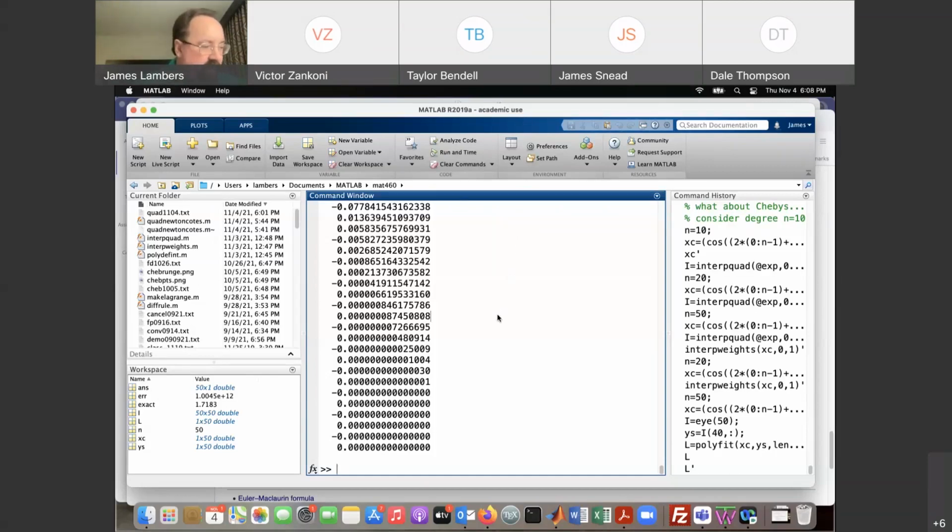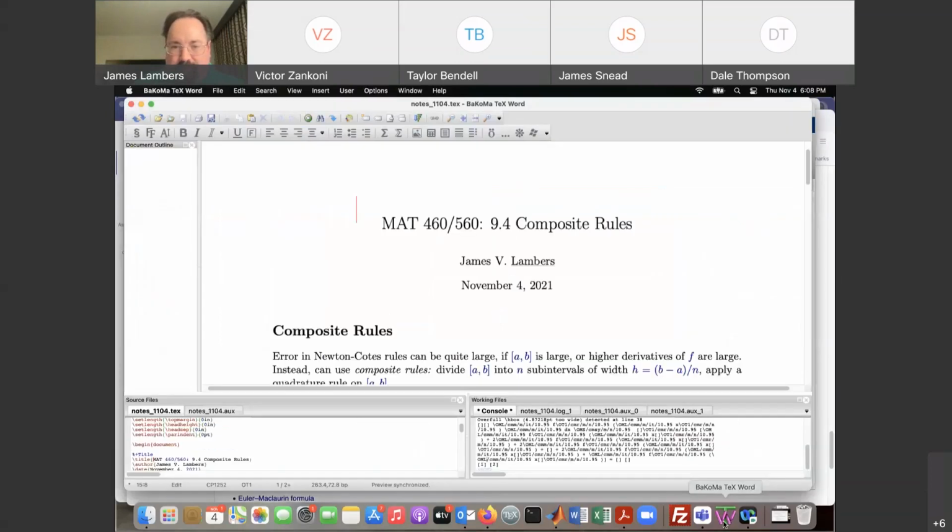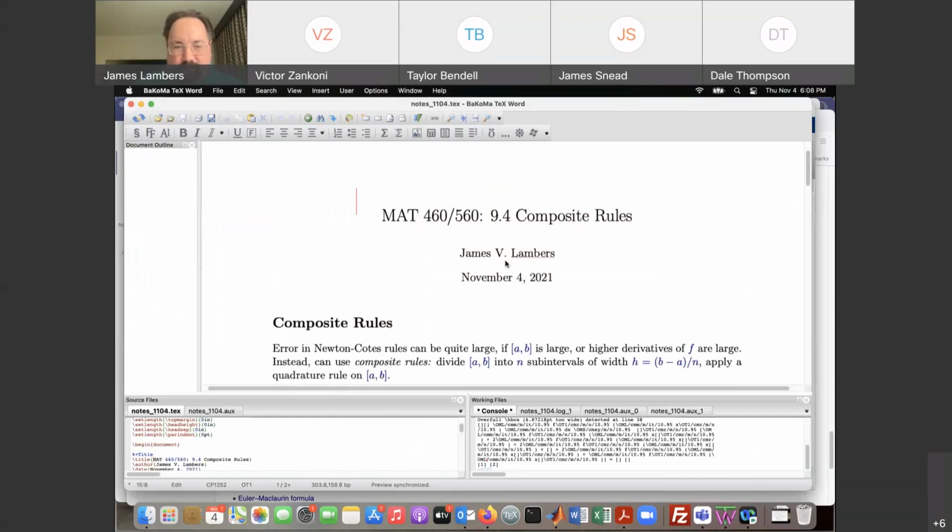All right, now I can turn to the intended topic for today, and I spent all my time on Newton-Cotes because I actually don't have much here in the way of notes.